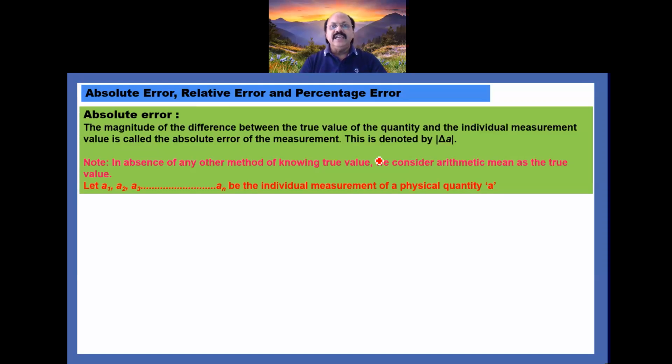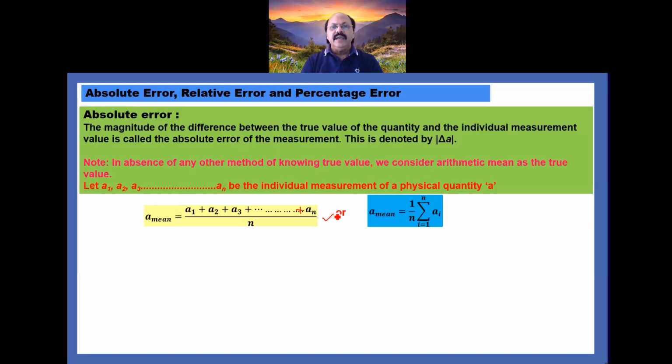So we consider here a physical quantity A. Let A1, A2, A3 up to AN be the individual measurements of the physical quantity A. Then its arithmetic mean, that is A mean, equals A1 plus A2 plus A3 and so on up to AN, divided by N, or in the form of summation, A mean equals 1 upon N sigma I equals 1 to N of AI.